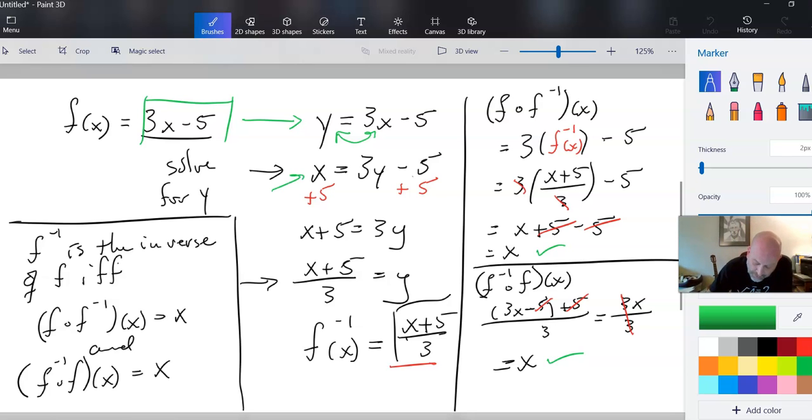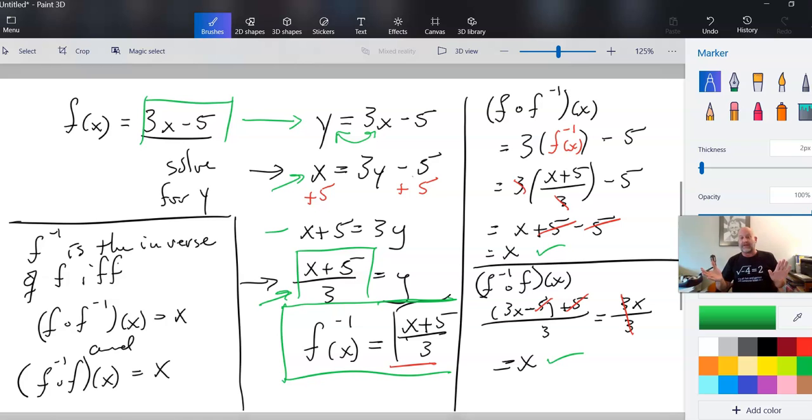That gave me a new equation. And then from there, I solve for y, which is all these steps, right? Until I get here. And that expression right here tells me what my inverse function is. So it's going to be the same thing each and every time you do this. You get your function, you swap x and y, solve for y again, right? That should be your inverse.